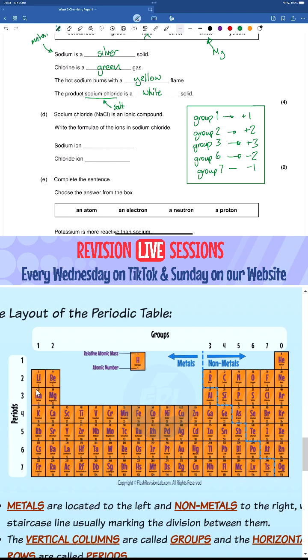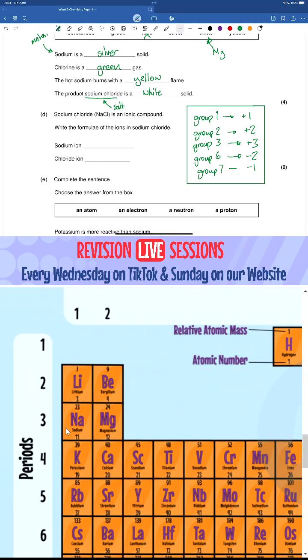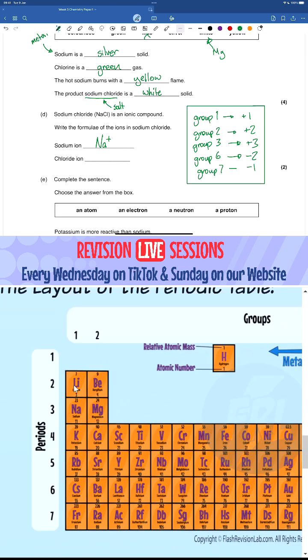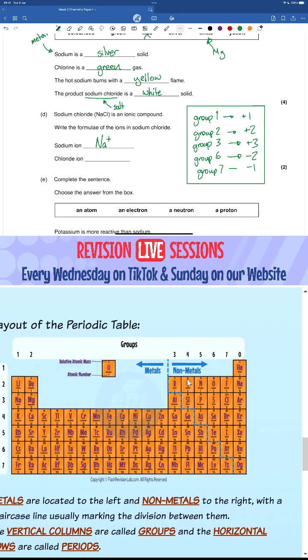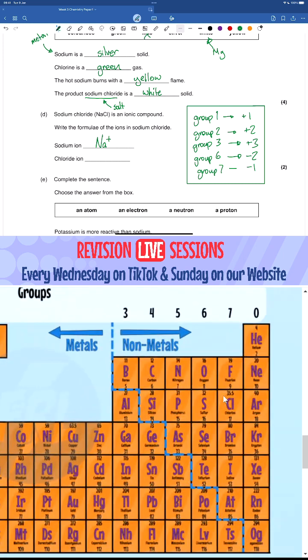You can see sodium here is in group 1, so that means it's going to be +1, so Na+. And then the other one is the chloride ion. You can see here it is in group 7, so that's going to be -1, Cl-. Okay.